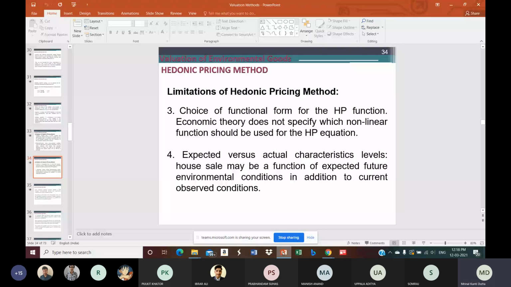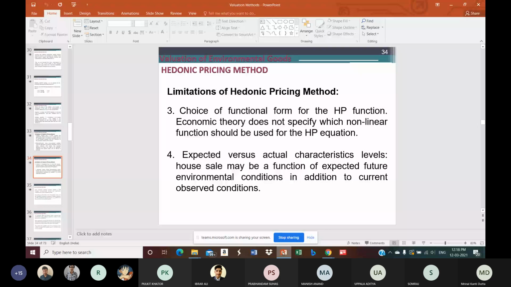Lastly, we can also talk about the investment on housing. You see, the nature of the investment on housing is important here. Housing is a long-term investment. Many a time people have to save for quite a long period of time to get a good house in a good environment.